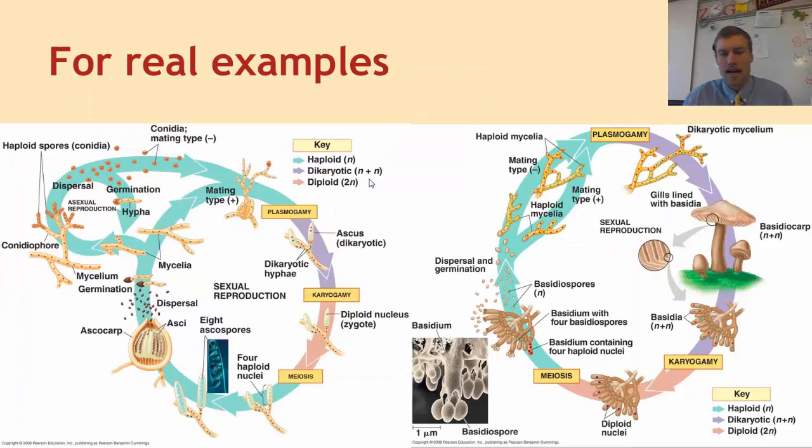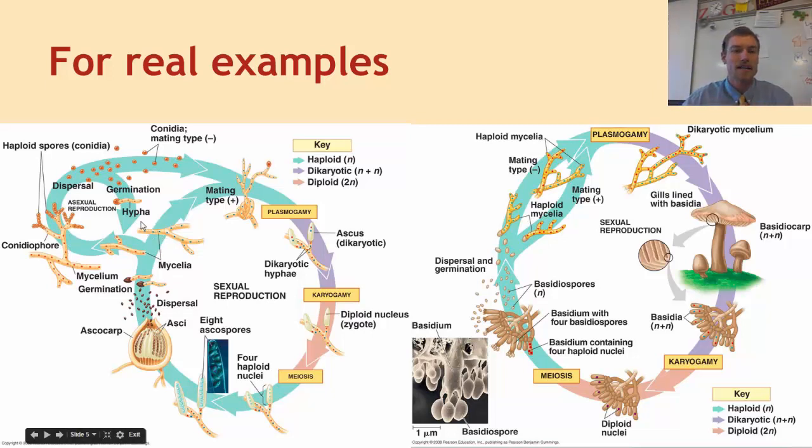So let's take a look at a couple of examples. This is an ascus fungus, and what it does is it produces spores. These spores grow into the mycelia, which are kind of like the hyphae. It's just a general fungal body. And that fungal body will produce two different mating types, the plus and the minus.